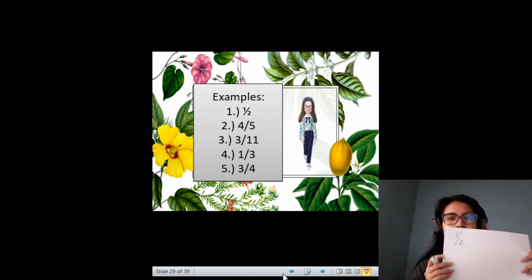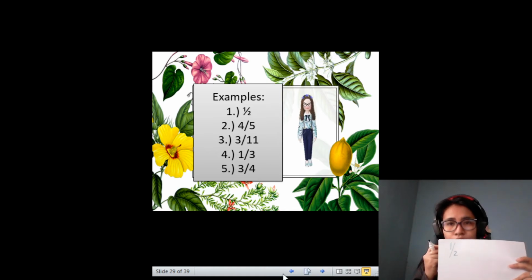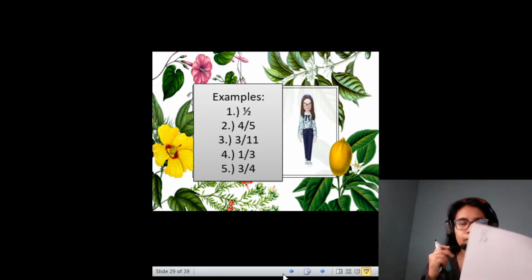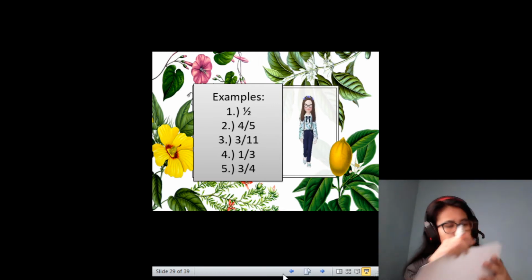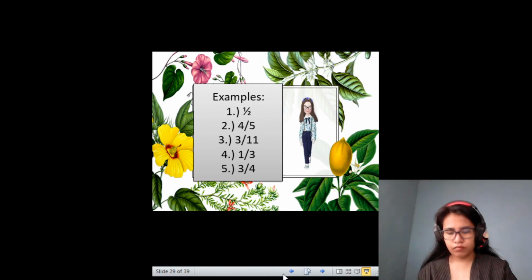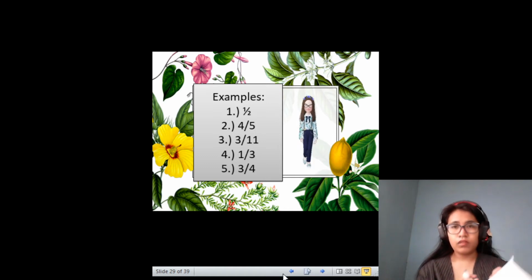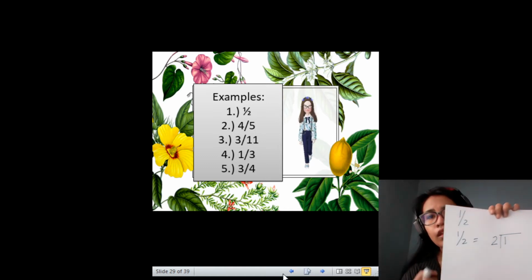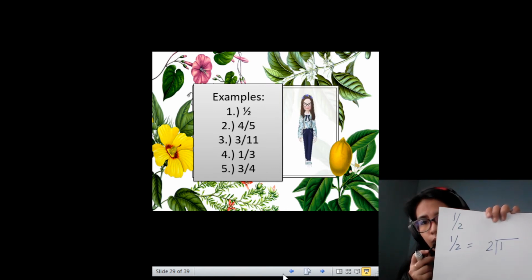For example, here is our 1/2. So you will divide 1 and 2, to look like this, 1 divided by 2. Since it cannot be divided, you need to add a decimal point and 0.